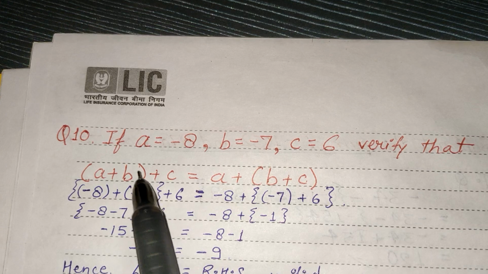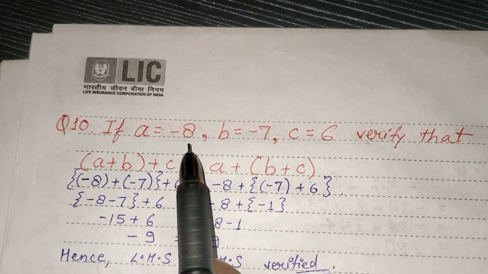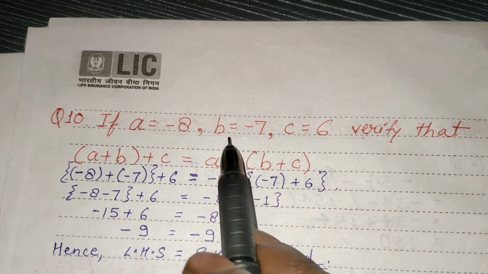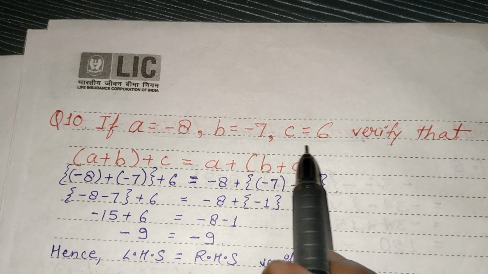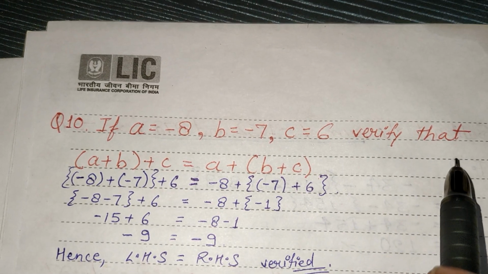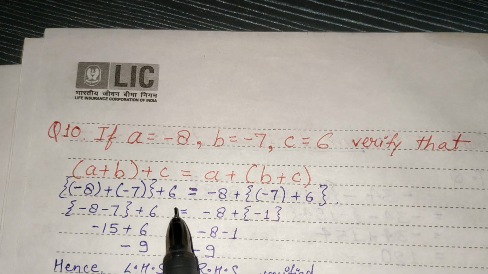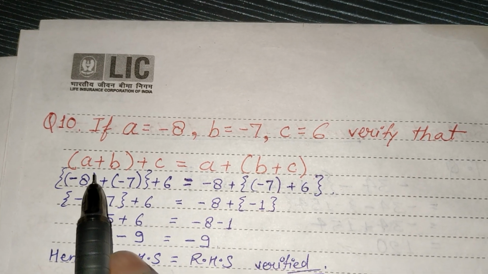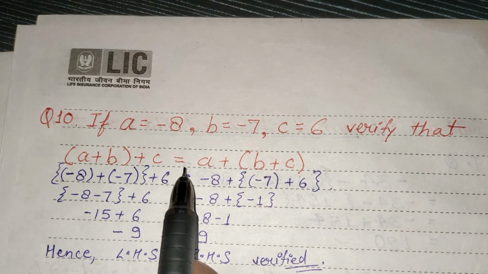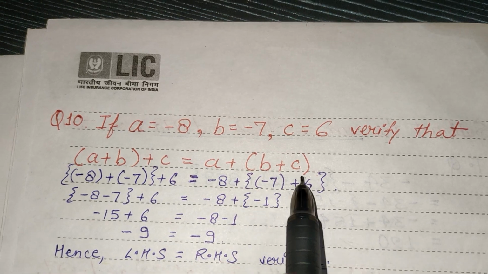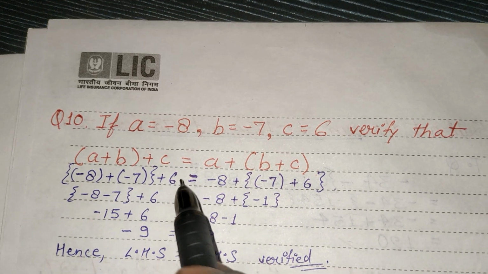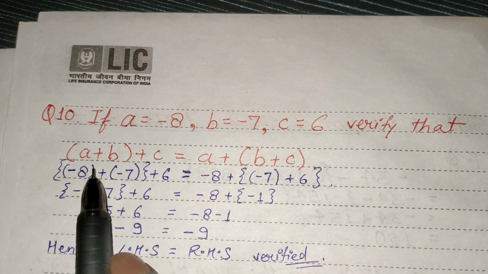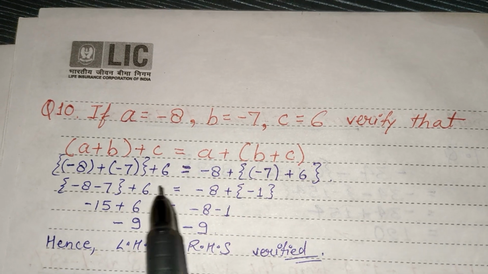Question number 10. If a is equal to minus 8, b is equal to minus 7 and c is equal to 6, verify that in the bracket a plus b plus c is equal to a plus in the bracket b plus c. So put the value of a, b, c.